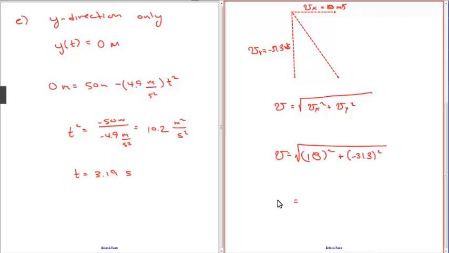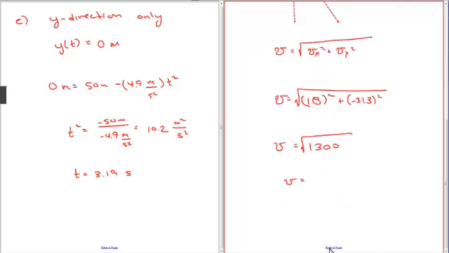So let's square those two and add them together. I get 1,300. The square root of 1,300 is 36.1.